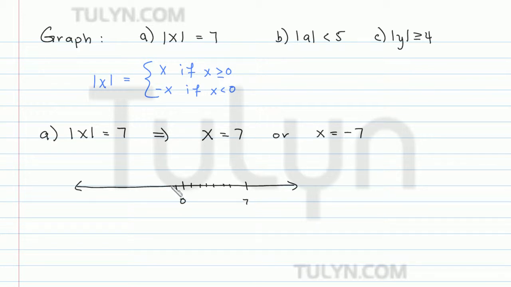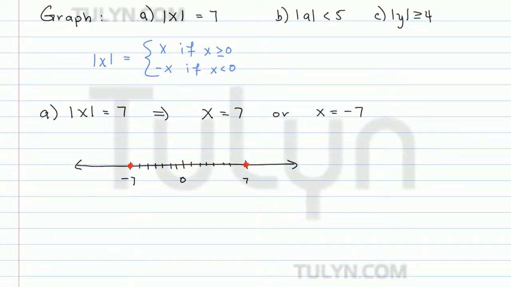And then on the left we have 1, 2, 3, 4, 5, 6, negative 7. So drawing this, we know that x is equal to 7, or x is equal to negative 7. Well, that's how we would graph that on the real number line.